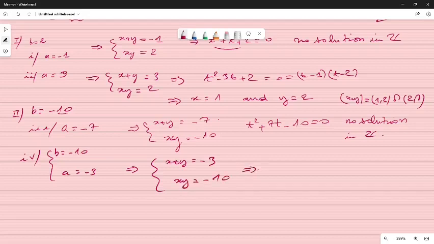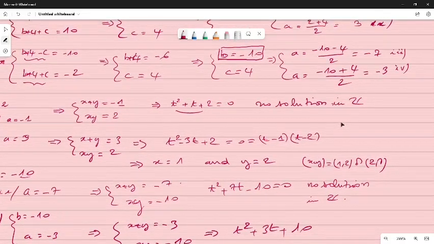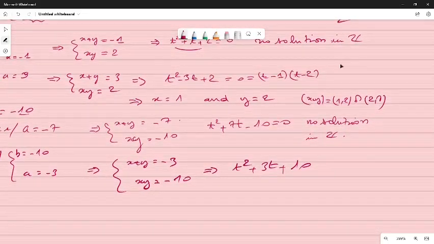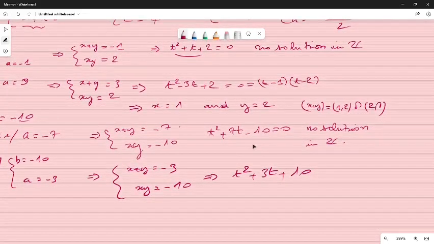So x and y are solutions to t squared plus 3t minus 10, because we have minus 10.